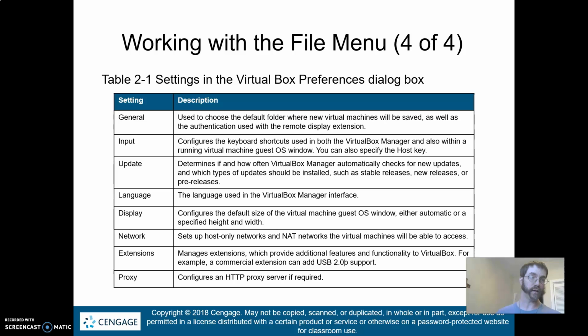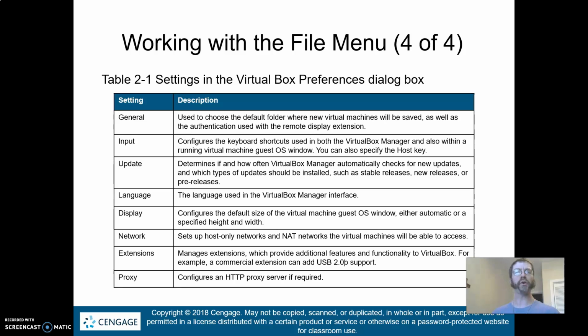Say, for example, if you want it to download updates but not install them. If you want it to just do everything for you, you can leave it that way. Or tell it to download the updates or not, but not install, or set it to not even update unless you tell it. You can change the language of the interface. So if you grew up speaking another language, and you want to use VirtualBox in that language rather than English, you can do that.